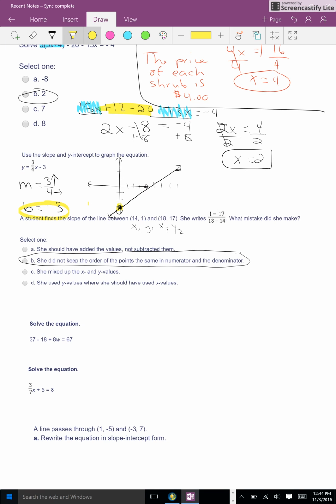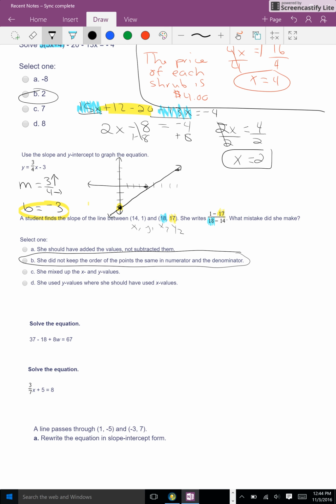So what I mean by that, see how 17 this student wrote last? Well, what needs to go underneath 17 is 18, but 18 was written underneath the 1. So she did not keep the order of the points.